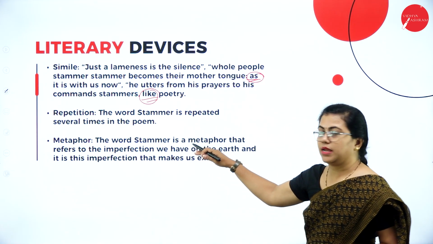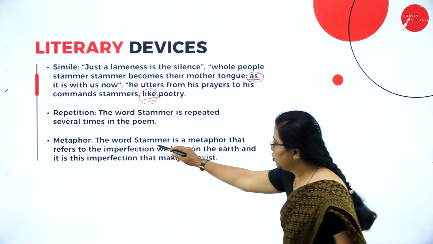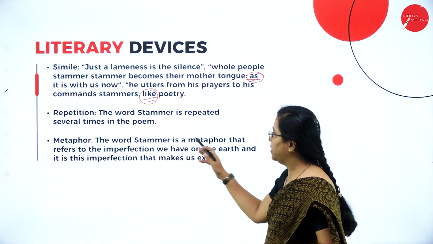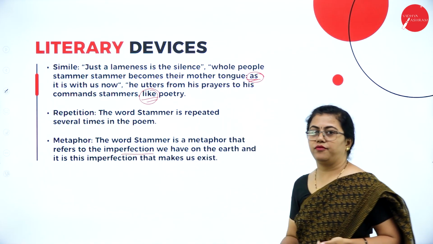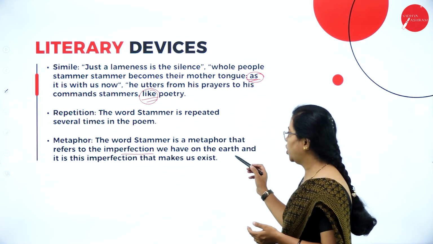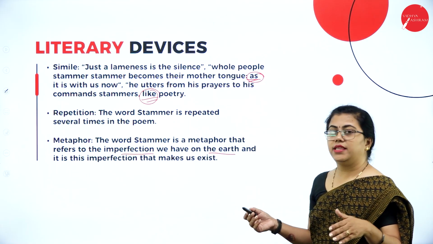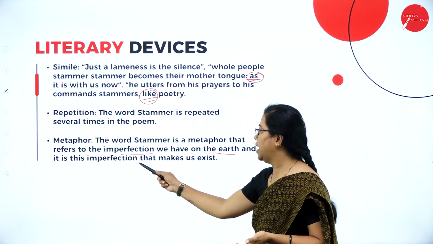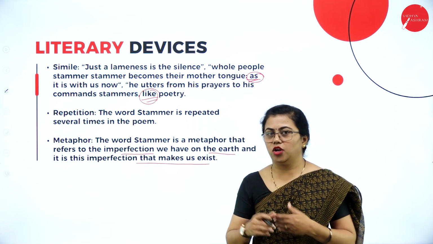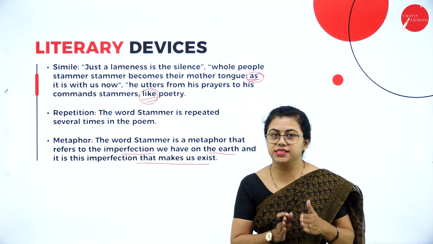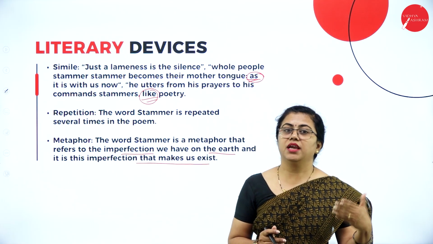Metaphor also is comparison, but here stammer is a metaphor that refers to the imperfections we have on earth, and also the imperfections only make us exist. Because of these imperfections we are learning a lot of things. Because one person stammers, he is making others learn.